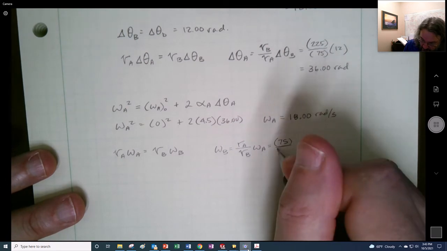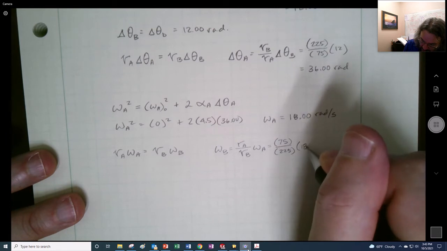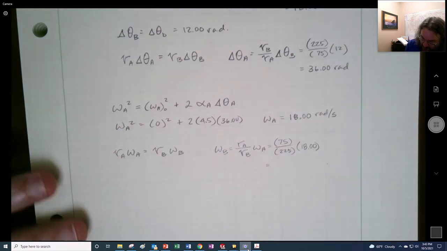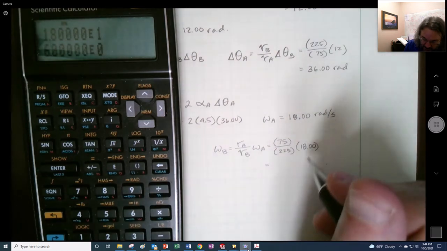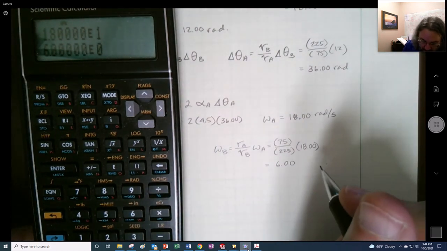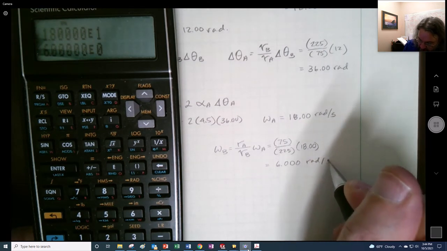So it's 75 divided by 225 times 18, and that just ends up being 6 radians per second. Did I get that right? I think so.